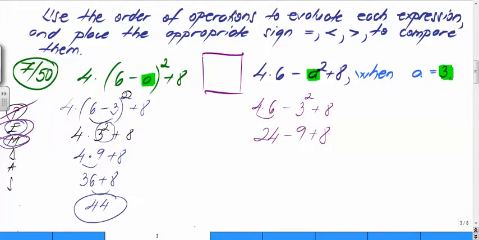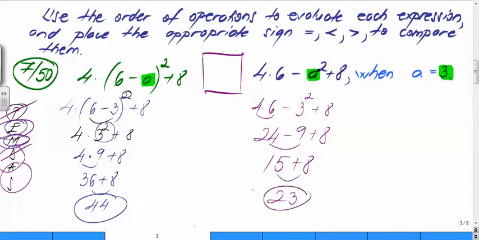Order of operations again: adding and subtracting, left to right. 24 minus 9 is going to be 15, plus 8, 23. Well, 44 and 23, you have to put the appropriate sign. 44 is greater than 23, and you are done.